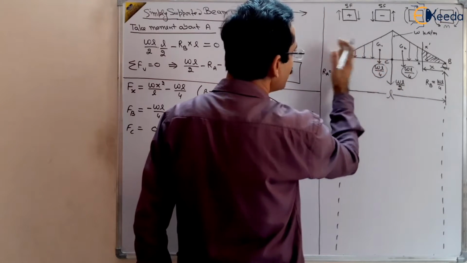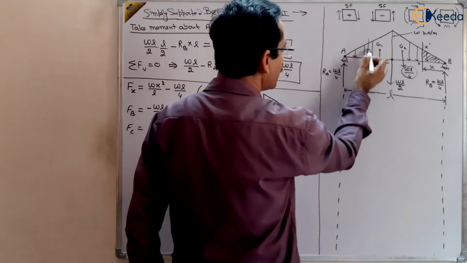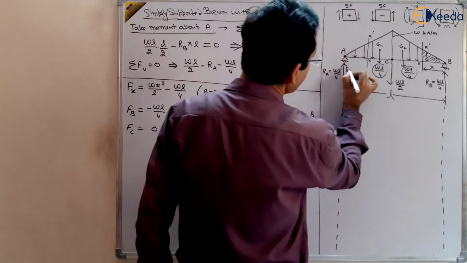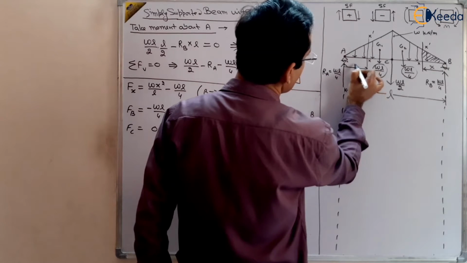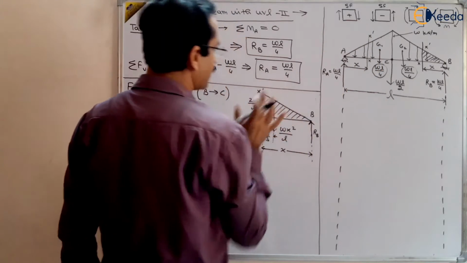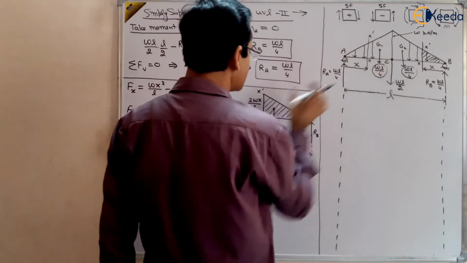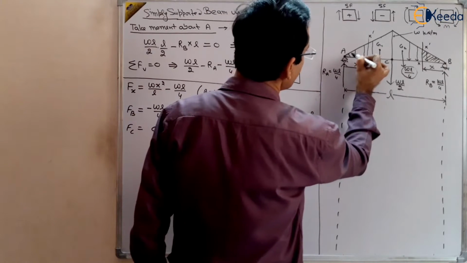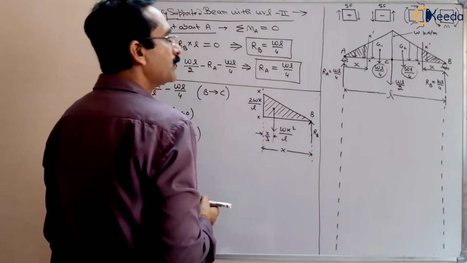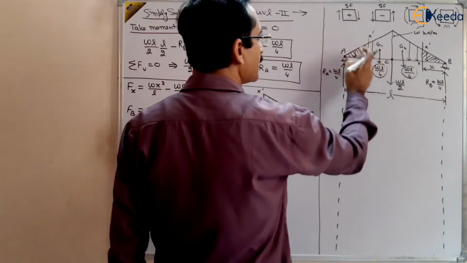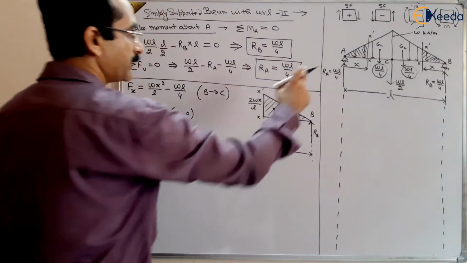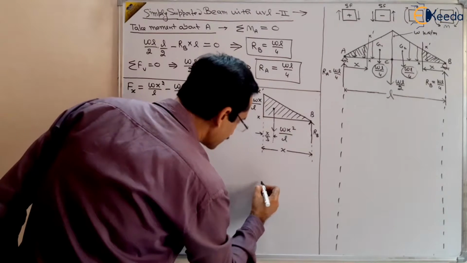Here from A you can take one more cross section, suppose x dash, at a distance x. And this triangle is very similar to this triangle. You can see here we are talking about this triangle, AX dash, and using this we can find out the shear force between A to C. So I am making this triangle.